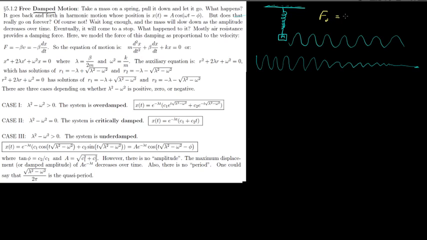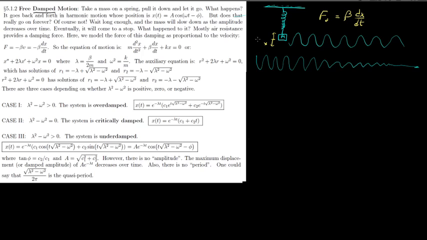So it's going to be some constant, we're going to use beta for that constant, times the velocity. But remember, the velocity is also the derivative of the displacement from equilibrium, that's our x. Now we have damped motion.